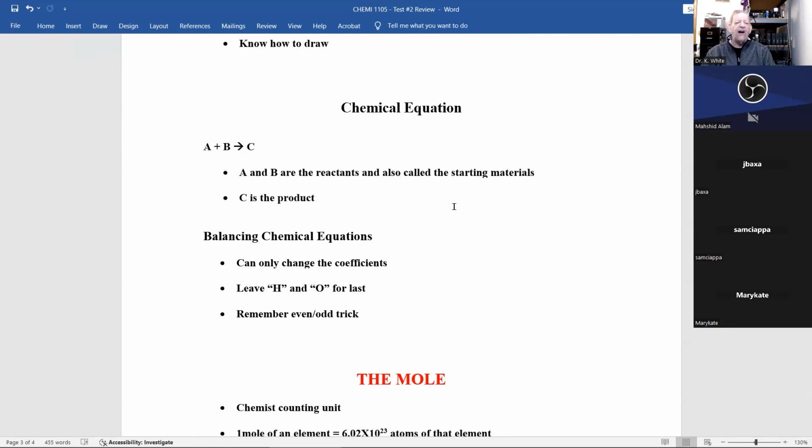And here I have A plus B, meaning you react A and B together and you make C. At the base of that arrow, A and B, think of the plus sign as the word and, are the reactants. And because I have spent many decades in the chemical industry, we also call it starting materials. C, at the head of the arrow, is the product.